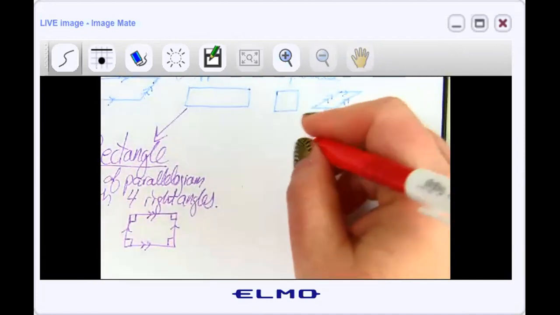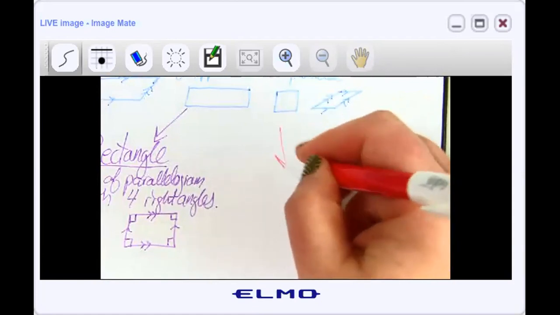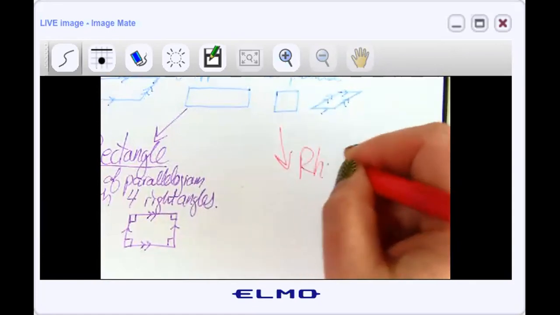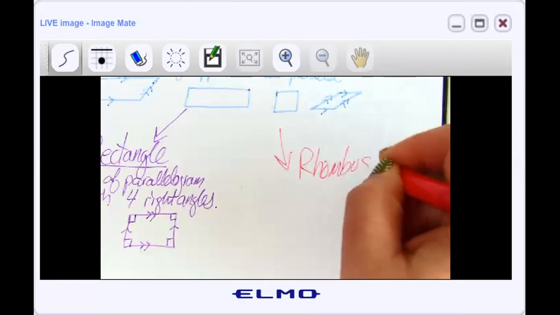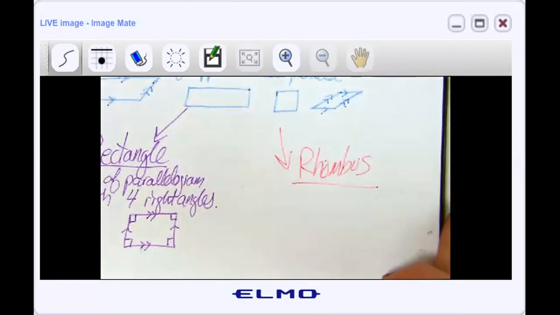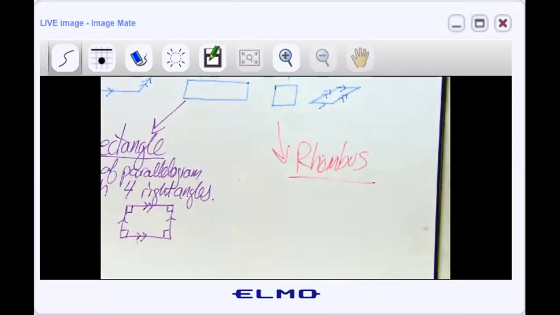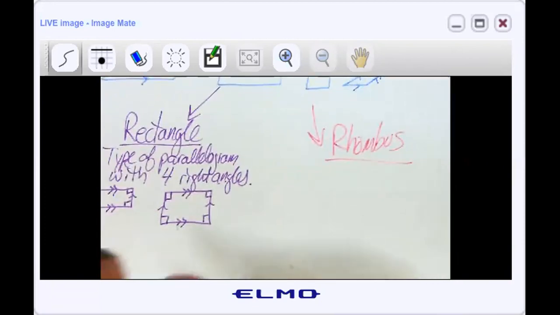So, also coming off of parallelogram, we have the rhombus. What is so special about the rhombus is that it is another type of parallelogram, but its claim to fame is that all 4 of its sides are the same length. We don't really care about the angles, we care about the sides for the rhombus. The rectangle, we care about the angles, it has to have the 4 right angles.